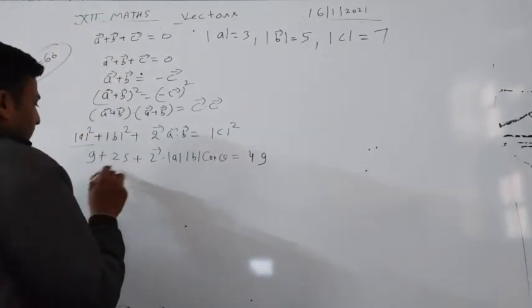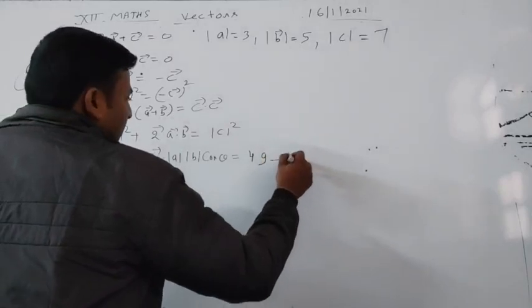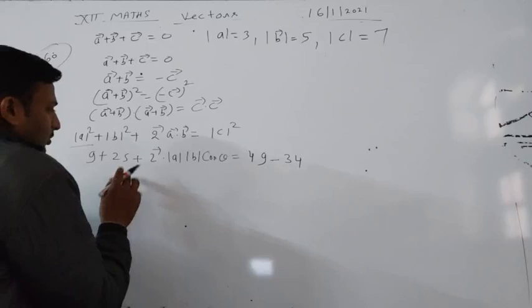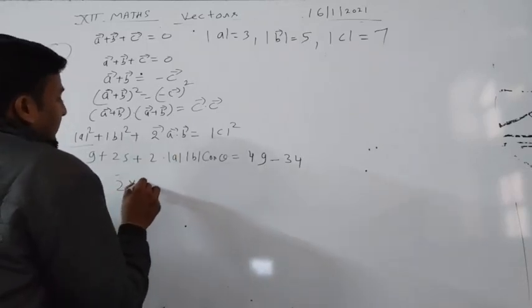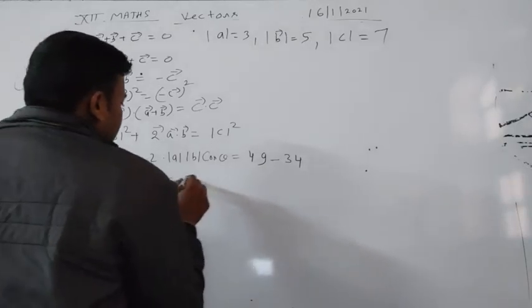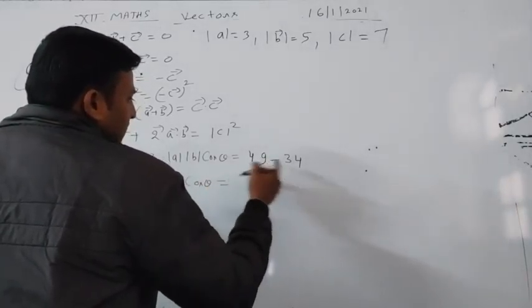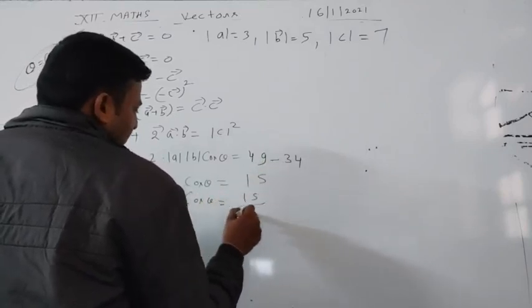So this will be 34, and here 2 into magnitude of A is 3, magnitude of B is 5, and this is cos theta. So cos theta is 15 by 30.